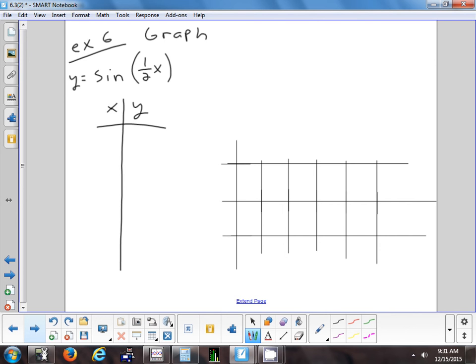All right, so we know that this is a period change because we're multiplying inside parentheses. So Emily, which column here stays the same? The Y's. 0, 1, 0, -1, 0. Now we're going to take all these X values and divide all of those by what?